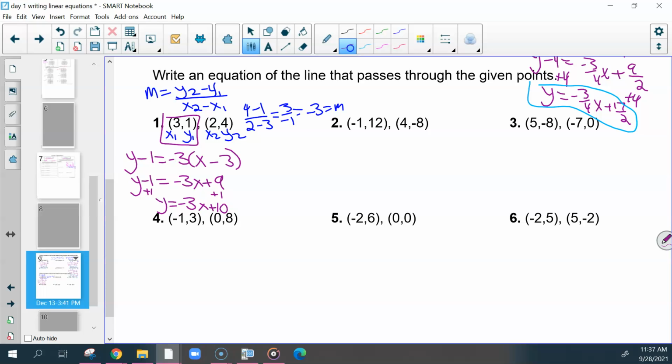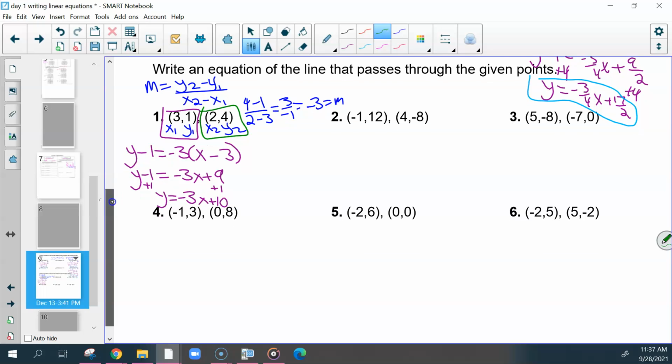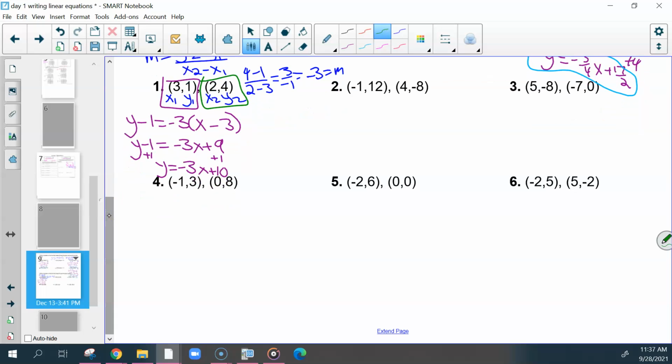But if you chose the other point instead, which is fine, it would look similar. The slope would be the same, but the point would change. So y minus 4 equals negative 3 times x minus 2.